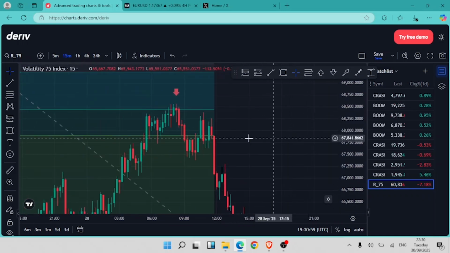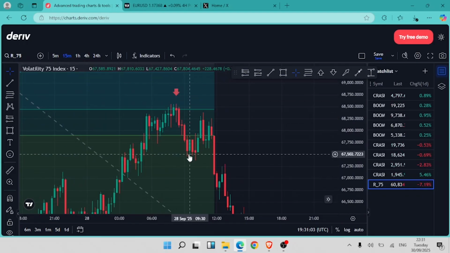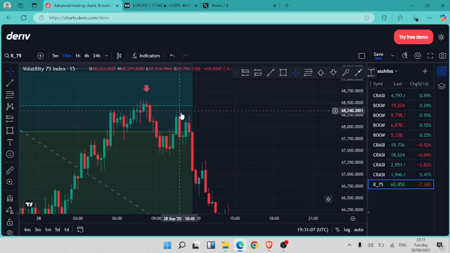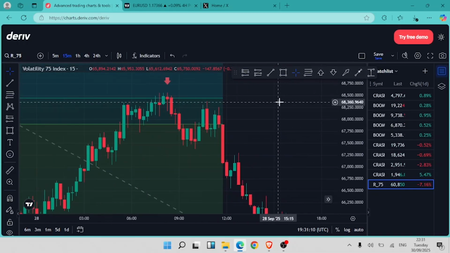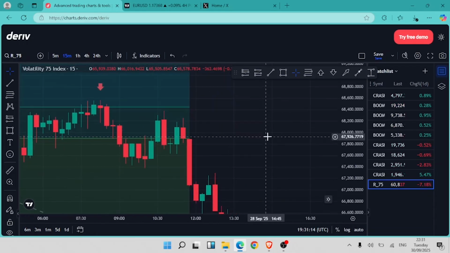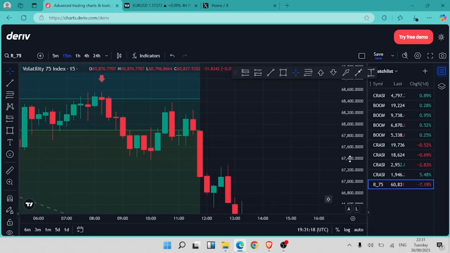So you can see price comes to this 61% and then drops. This tiny retracement here gives us an engulfing pattern. This bearish engulfing pattern gives us a sell idea. Now there are two ways to engage, and you can engage in both ways at the same time.